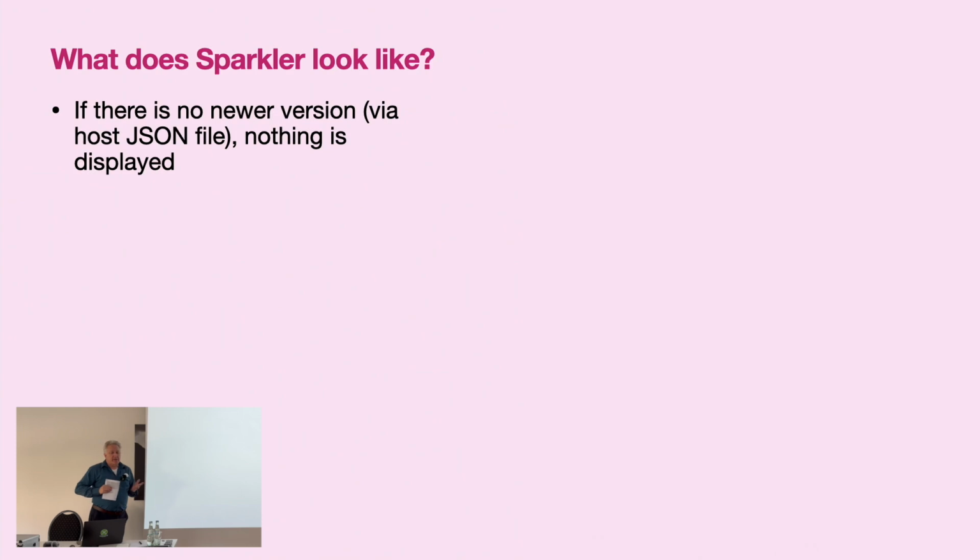Okay, so what does it actually look like from your application's perspective? Your application launches and it checks to see if there's a new version of the application. It does it via a JSON file, which is typically only a few K, sitting on a server. It does a URL connection, brings it down, it parses the JSON to see what version number it is, and it checks that version number with what your application is currently running.